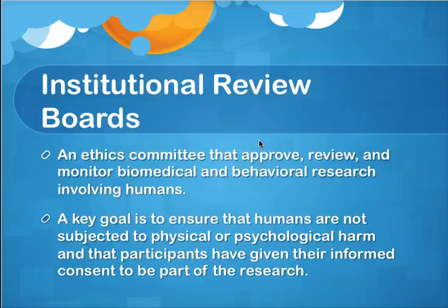If we think back historically to some of the horrendous medical and psychological experiments that have taken place on human subjects, you can better understand how the institutional review boards came about and why they are so strict. We can go back and look at Nazi Germany and the horrible things that happened there.